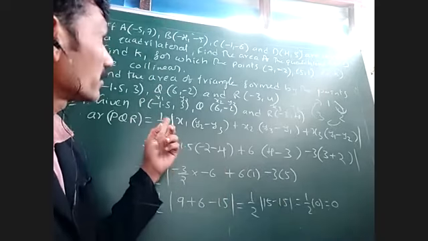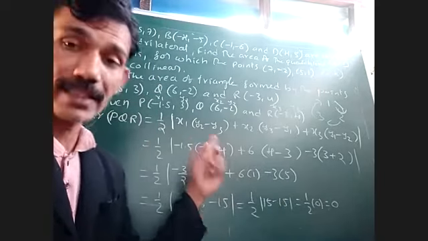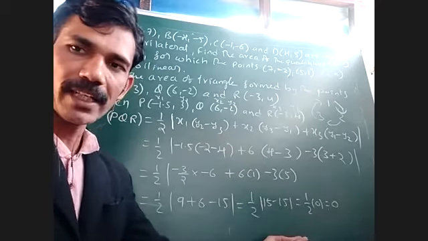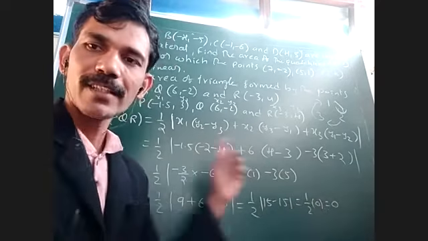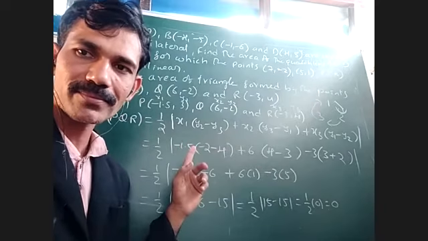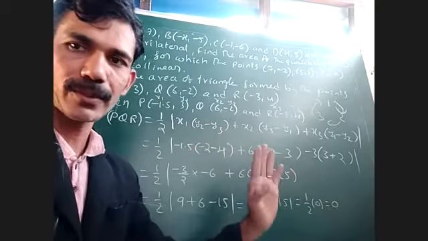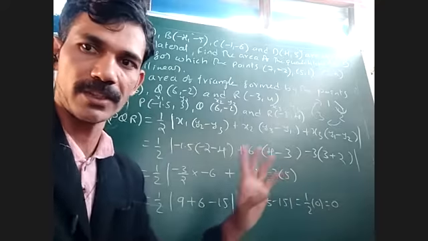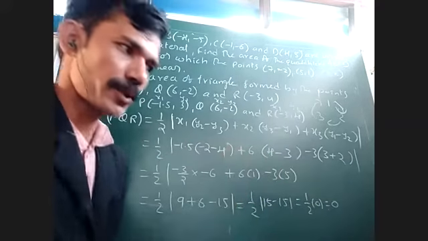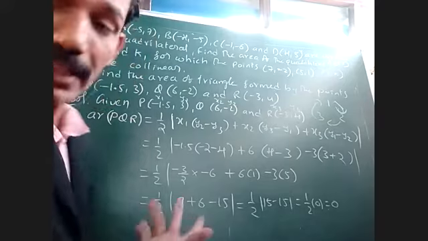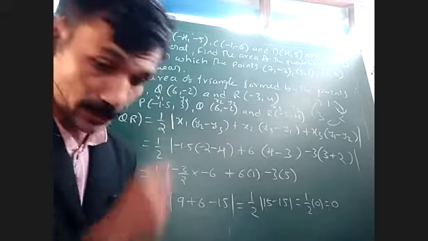If they ask whether points are collinear or not, we solve the same way. We find the area. If area is 0, we say the given points are collinear. If we get some value, that is the area, and therefore the points are not collinear. Here the given points are collinear, that's why we got area 0.